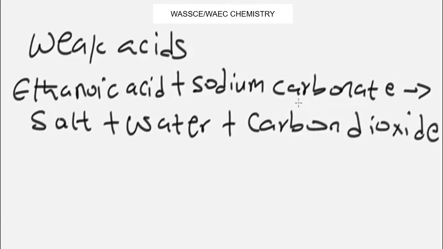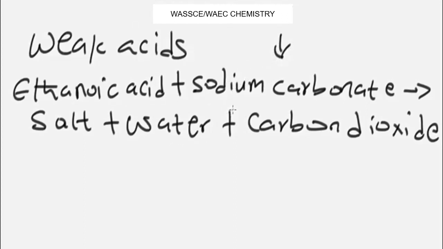The name of the salt formed when ethanoic acid reacts with sodium carbonate is sodium ethanoate. So take note of that, it's called sodium ethanoate. We are going to have this output when ethanoic acid reacts with sodium carbonate. In this case, the sodium carbonate is acting as the base. So we're going to have salt, water, and carbon dioxide.